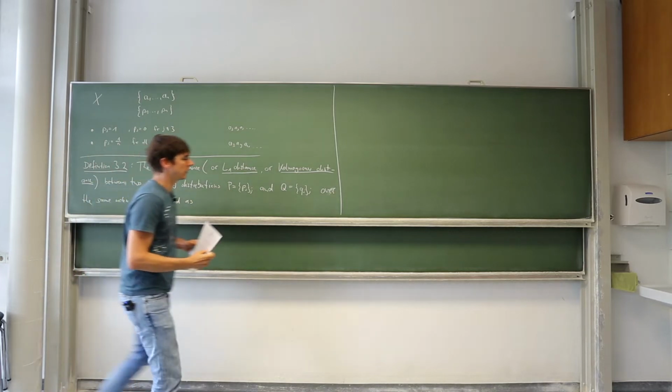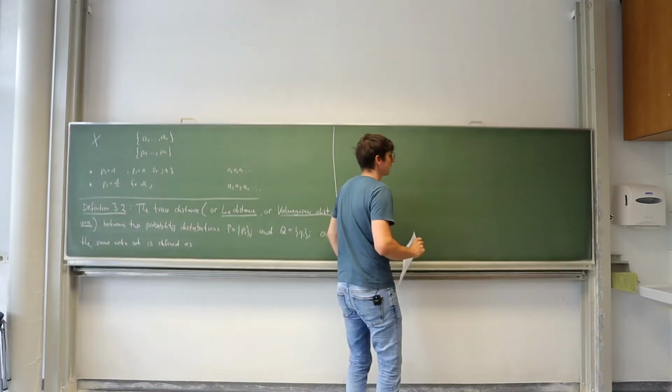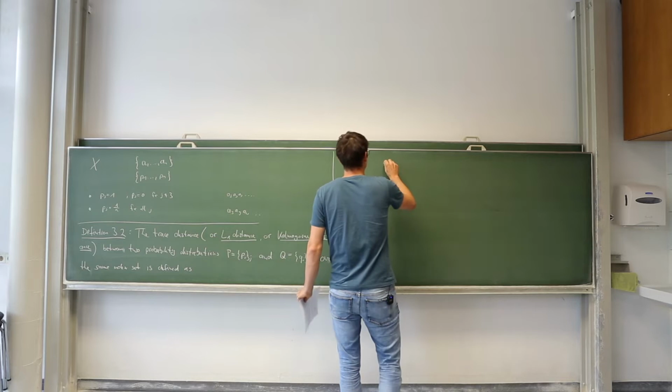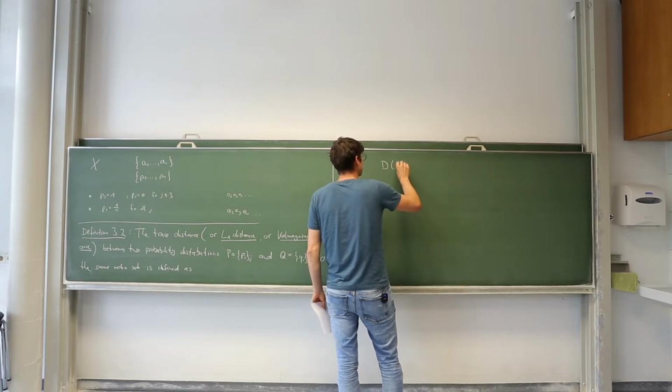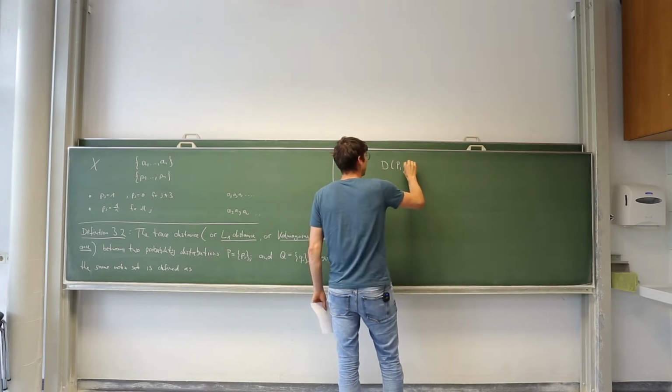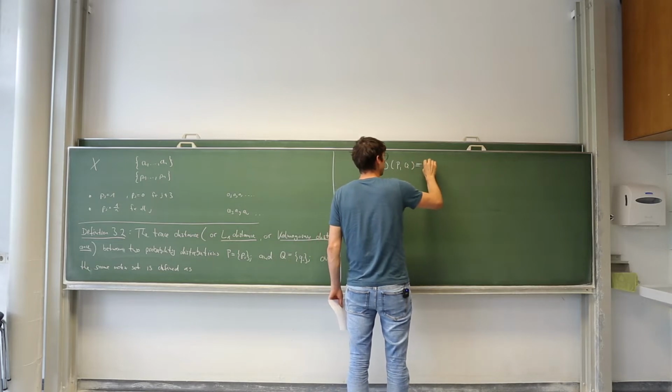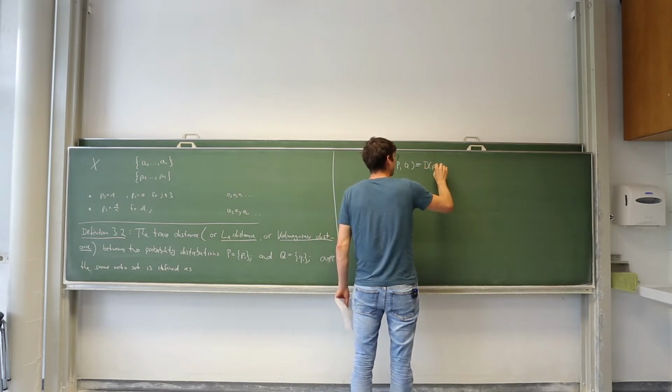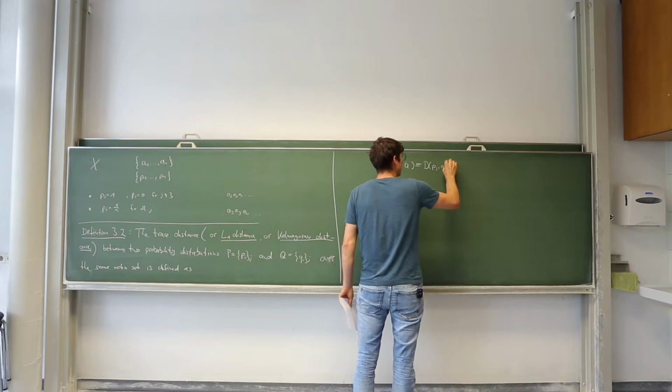And we now define this trace distance, which we denote by capital D. So it's D of P and Q, which we also write as D of Pj, Qj.